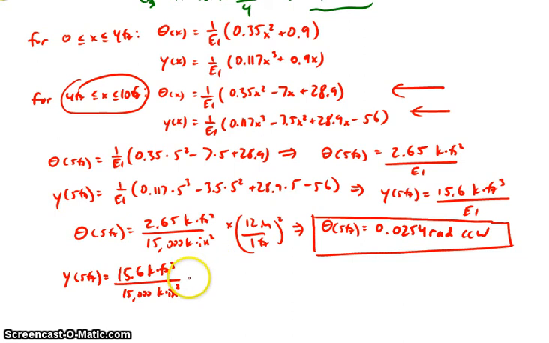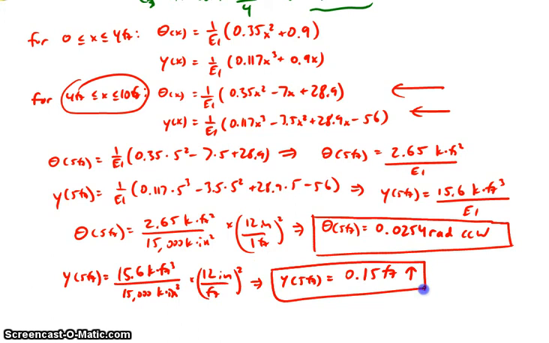We need to do unit conversions on that too. 12 inches per foot squared, and we get y at 5 feet is equal to 0.15 feet. Since it's a positive number, our direction is going to be up. We can leave it like that as a final answer, or if you prefer, we can convert to inches and you'd get 1.8 inches up.